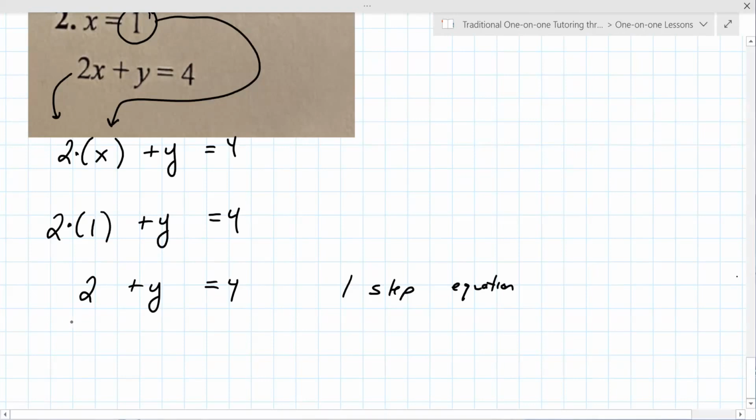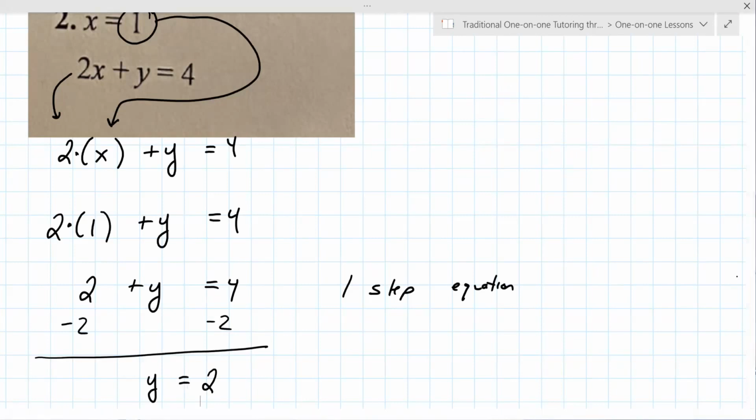That's right. How do you undo this 2 though? You subtract 2 from both sides. So y equals, what is 4 minus 2? 2. And there we go. Well, we already have the value of x. We know that x is 1.